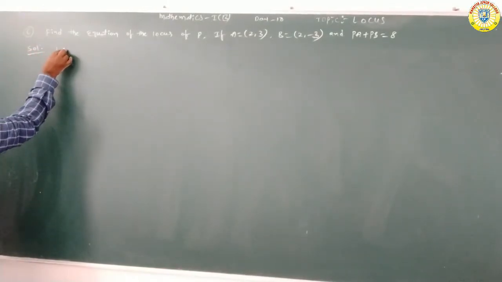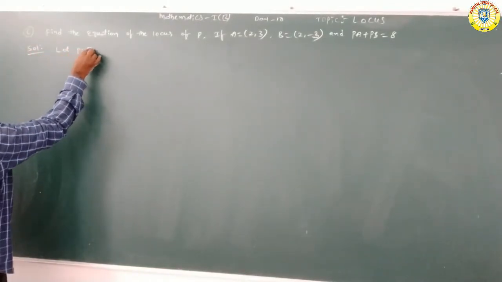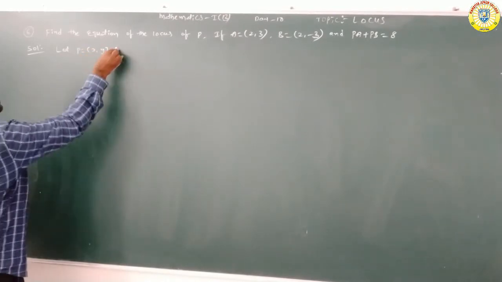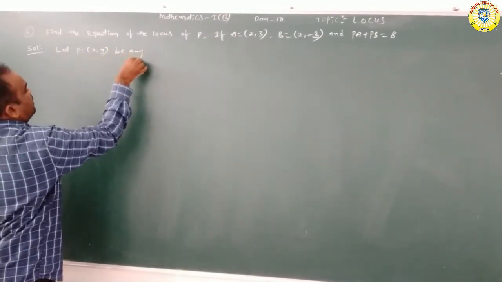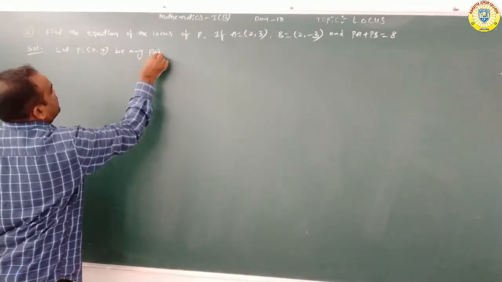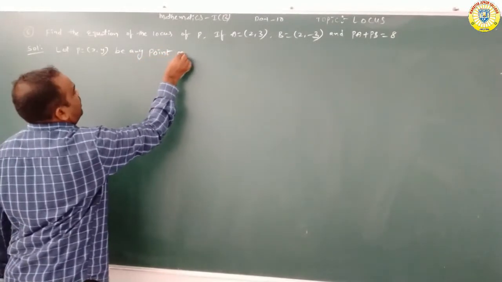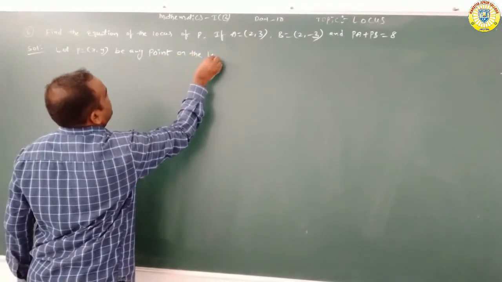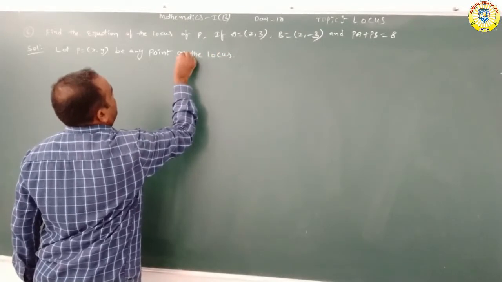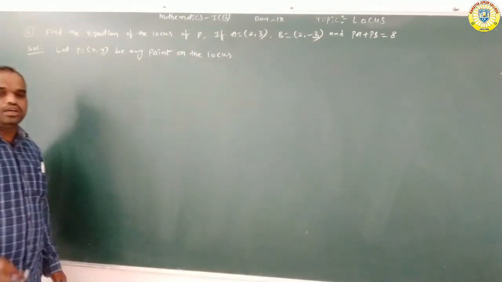Here we are taking, let P = (x, y) be any point on the locus.